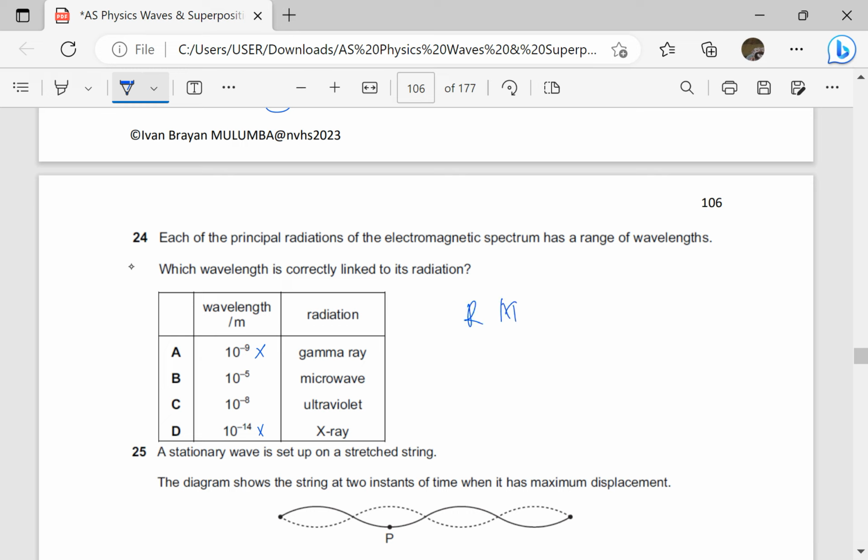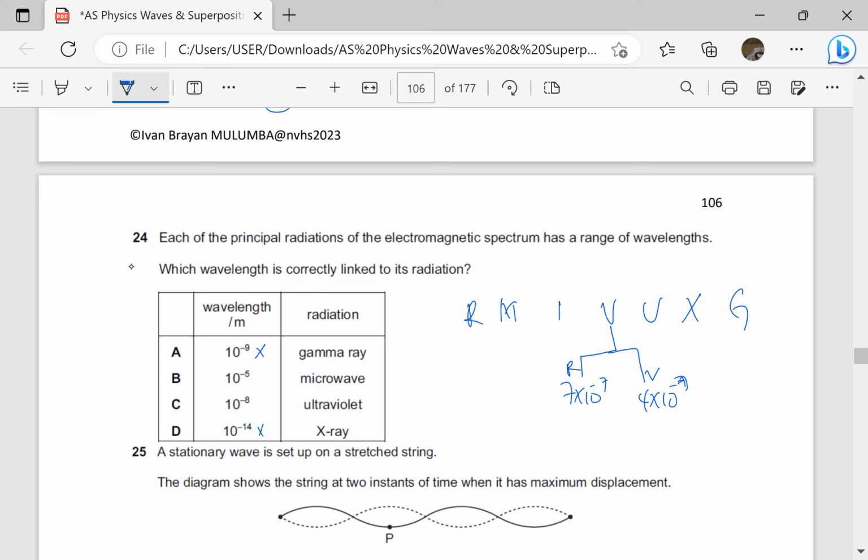You use the visible spectrum for reference. This is 7 times 10 power negative 7 for red, and 4 times 10 power negative 7 for violet. So it means violet should have a power which is smaller than -7, so that is -8, -9, or even -7.